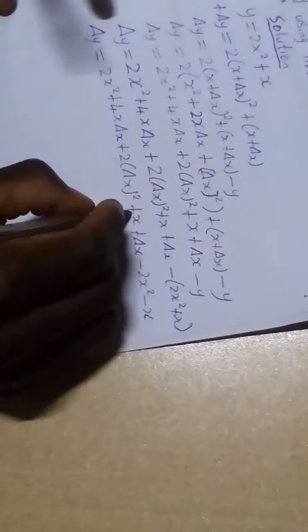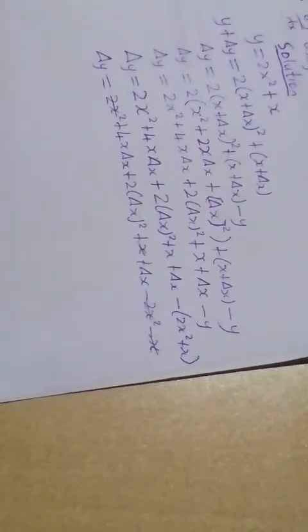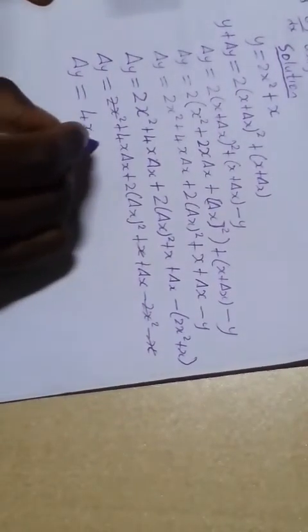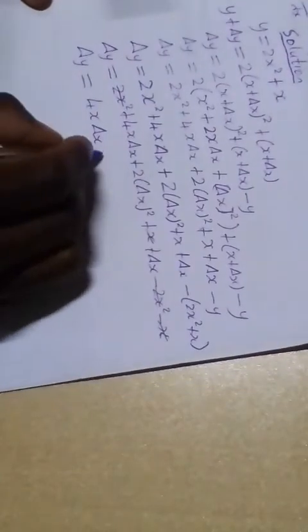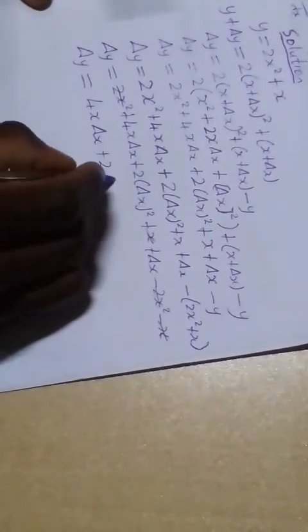Now you can see that from what we are having here, positive x and minus x will go, and 2x squared and minus 2x squared will go. Now we are having change in y equal to 4x change in x plus 2 change in x squared plus change in x.